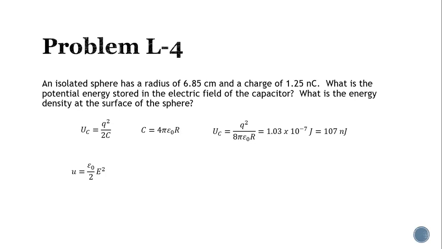Now I use that energy density is related to the electric field, and I know what the electric field is for an isolated sphere at the surface of the sphere. It's essentially the electric field for a point charge.